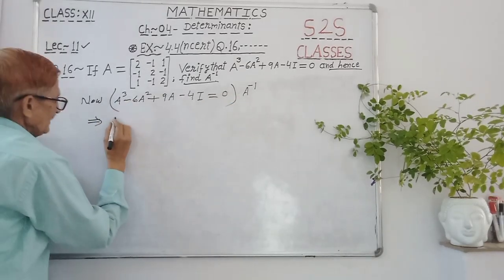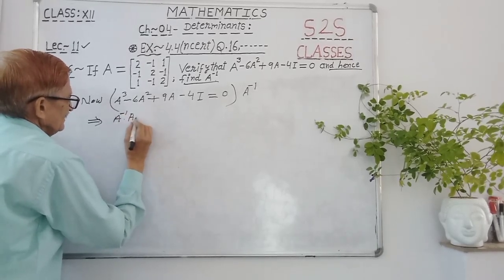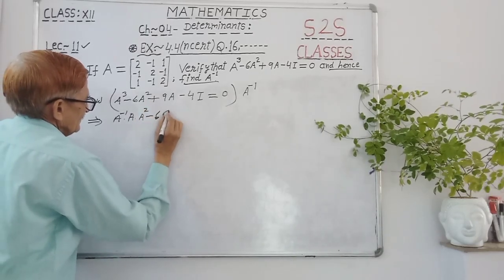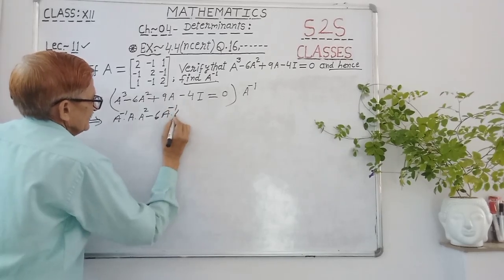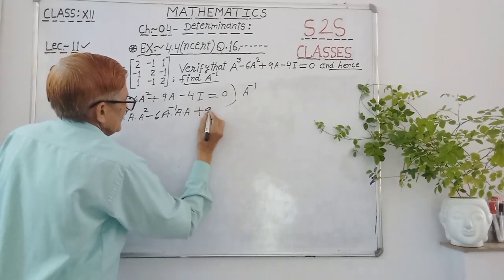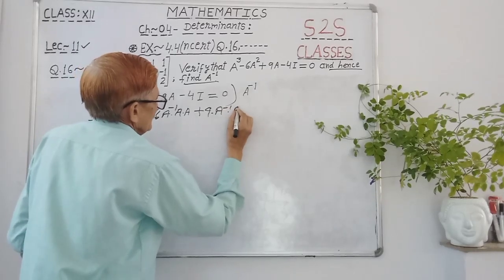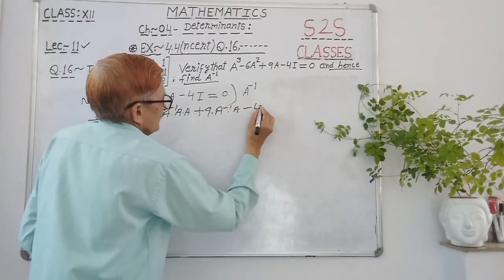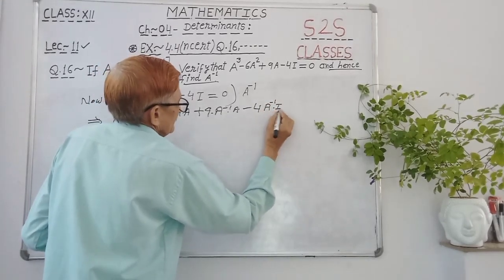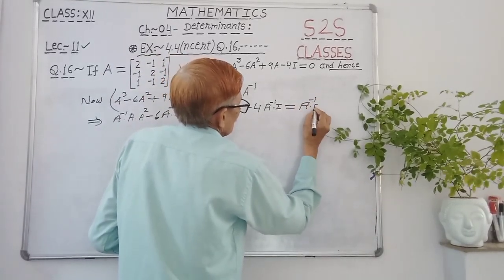A inverse into A cube, that is A inverse into A into A square, minus 6 A inverse into A into A, plus 9 into A inverse into A, 9A, minus 4 A inverse into I, equal to A inverse into 0.